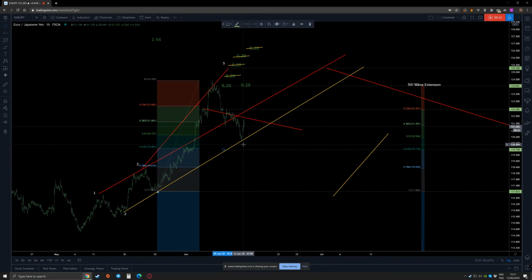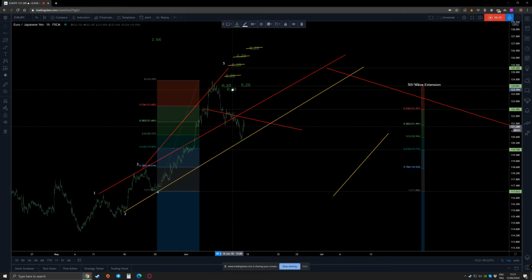Now, because it did break the 2 to 4 trend line, this is actually a place to take some of the shorts off. Actually, the first place I would take some off would be the same. Why wait all the way?